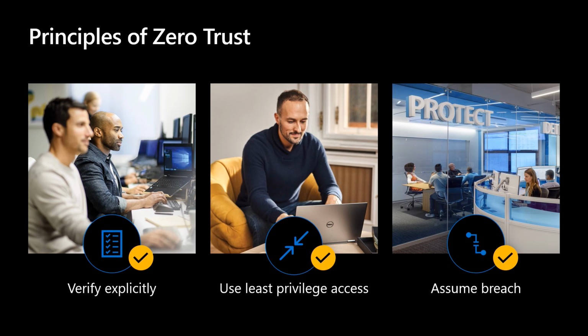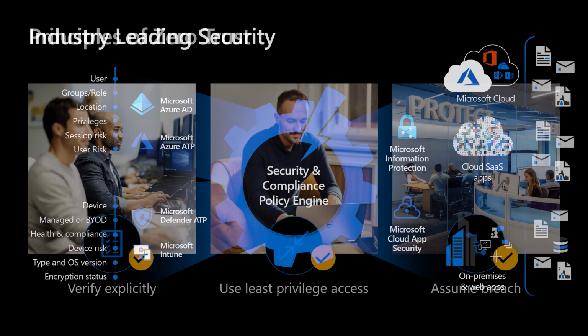Then assuming breach, by being able to bring it all together, and all the signals that our products are producing, and put it into a single source of truth, which would be your SIEM.